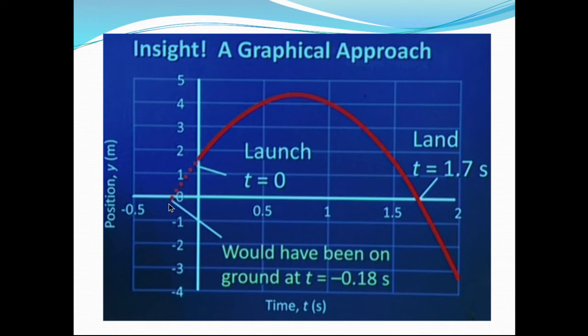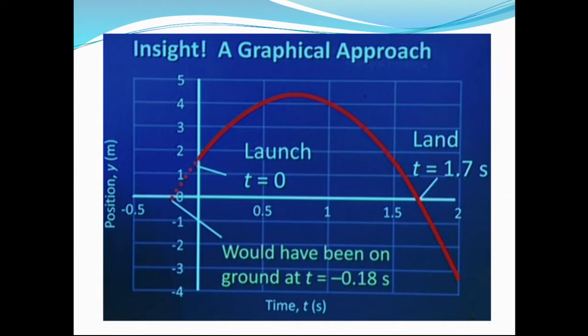We're getting the time before we threw it, as if we threw it from the ground level. The math doesn't know. It includes the past, the present, and the future. It predicts where it'll be in the future, and it also will make this prediction of where it was in the past.